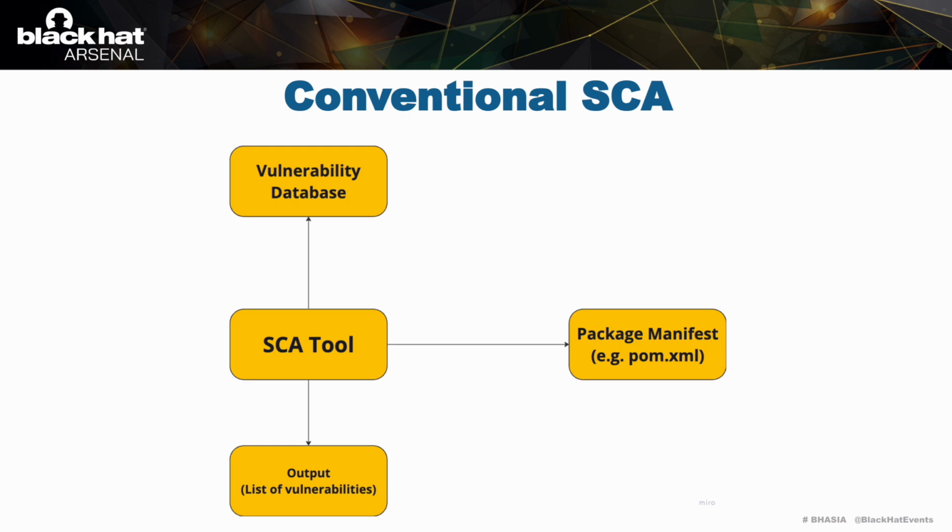Subsequently, these SCA tools would look up a publicly available vulnerability database to identify all the vulnerabilities affecting the version of the package that you are using in your application and list all the vulnerabilities that have matched that particular package version, right? So this is how conventional SCA tools work.